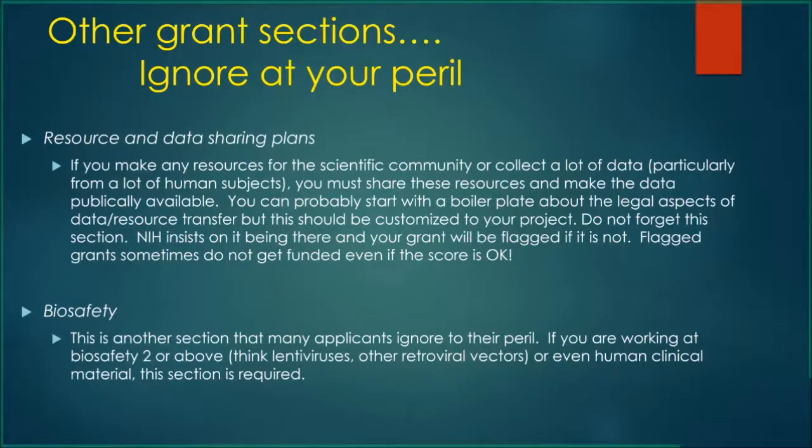In your resource and data sharing plans, your institution probably has a boilerplate about legal aspects of data resource transfer. For data on large patient populations, you could build in information about how to make sure that you are IRB and HIPAA compliant. For resources, say you've made a genetically engineered mouse, you can add that you're only going to give it to people who follow the rules and so forth. But leaving the sections blank is a way to get your application flagged.